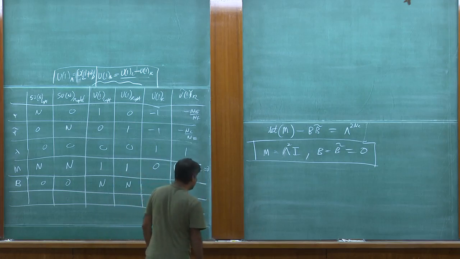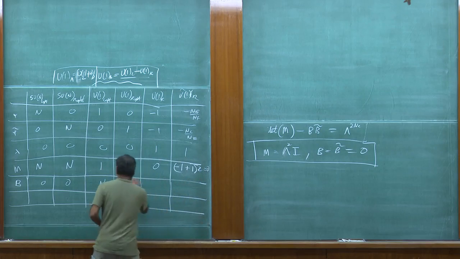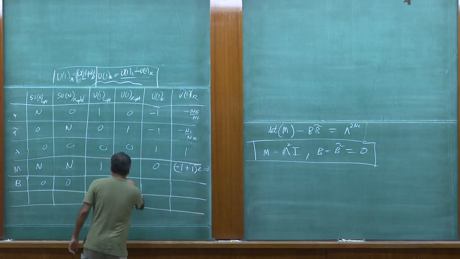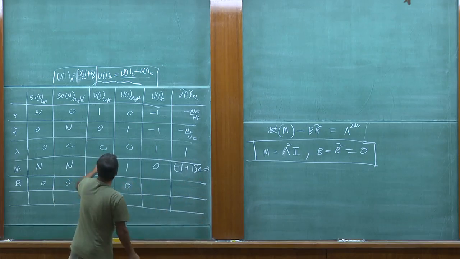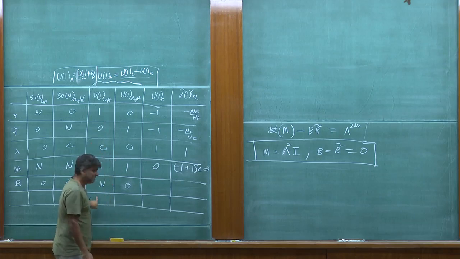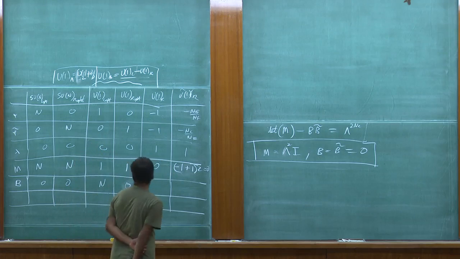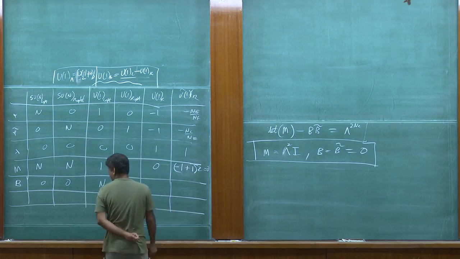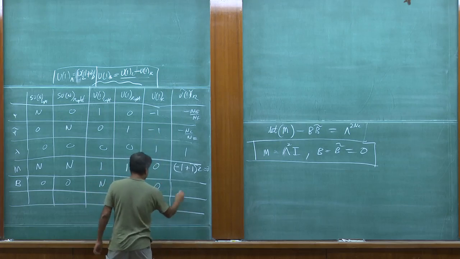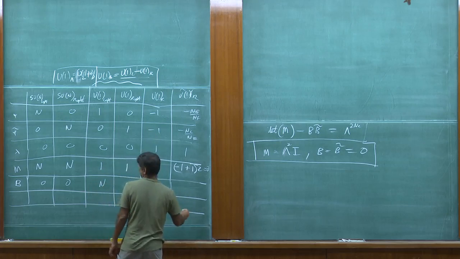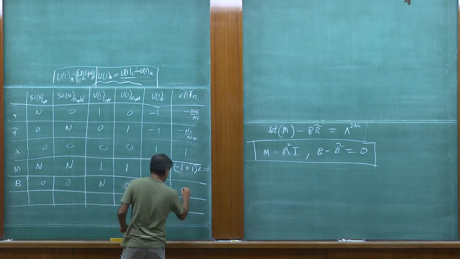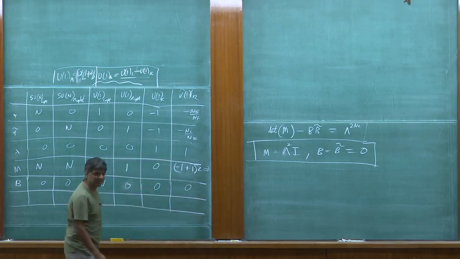Therefore, once again, sorry, B is 0. Therefore, under U1 baryon, the charge of B is n. And under U1 R, this was 0 because it's just a product of quarks, and this was also 0, same kind of argument.